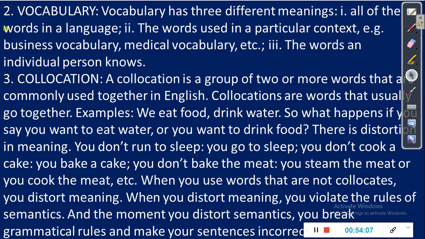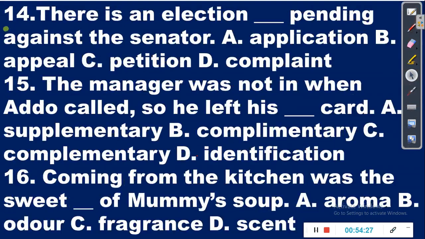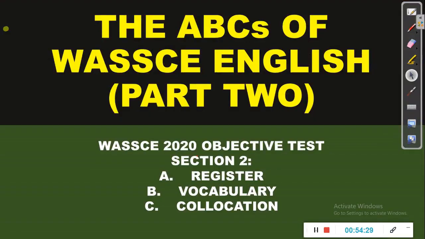Then the third meaning is the words an individual person knows in a language. Then we looked at collocation, a group of 2 or more words that are commonly used together in English. Collocations are words that usually go together. And we have looked at all these, the appropriateness of the use of words in given context.